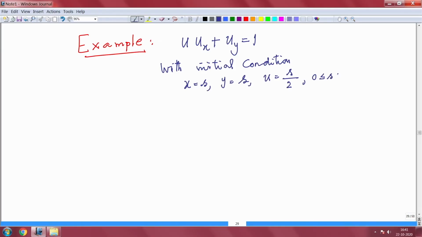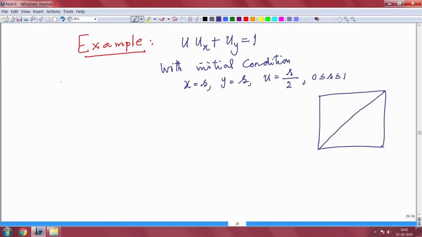So, your values on the diagonal are given. If you look at it here, it is given along this diagonal. x equal to s, y equal to s, and the values of u are given along the diagonal.